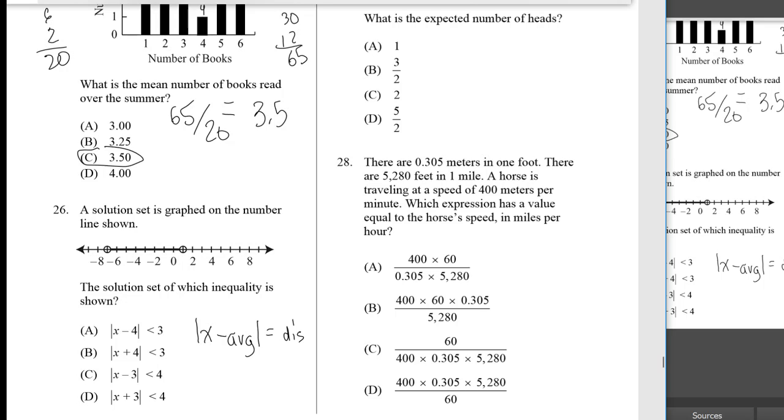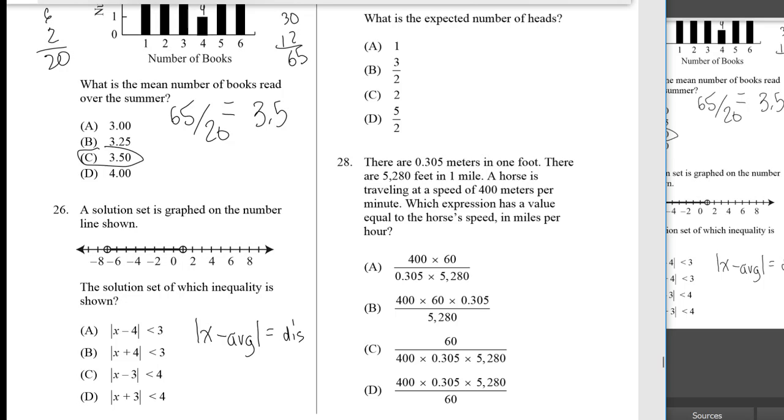And I'll explain that really quickly. So what that means is when I'm dealing with absolute value, if they give me a number line, I'm actually able to tell what the absolute value equation or inequality is. So in this case, it's going to be the inequality.